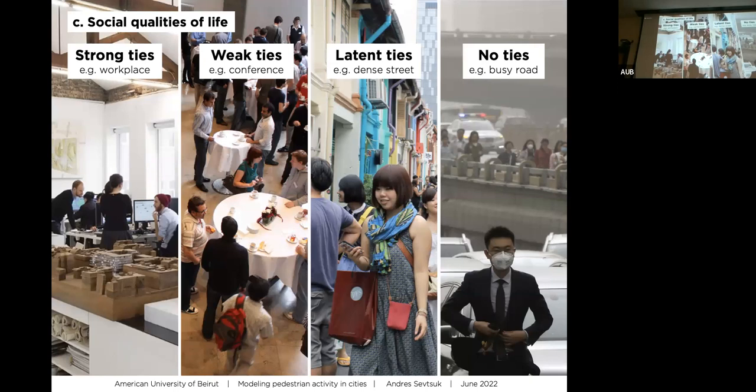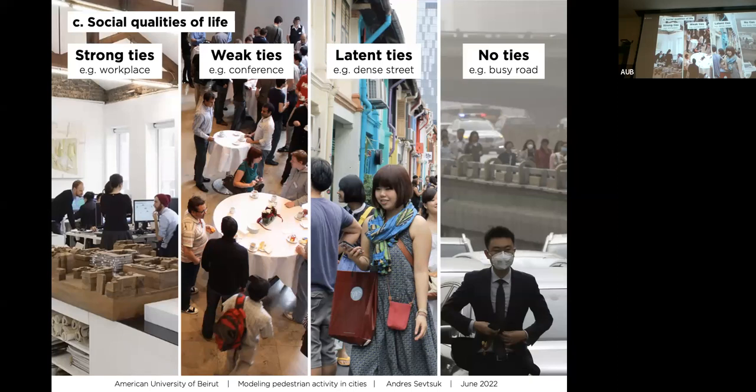But I'd argue that we also foster and establish latent ties, ties that are seeded by experiencing an urban environment on foot in the presence of other people, whether on the street or in public transport, experiences that actually form the basis of ties to form that can later become weak ties or even strong ties.